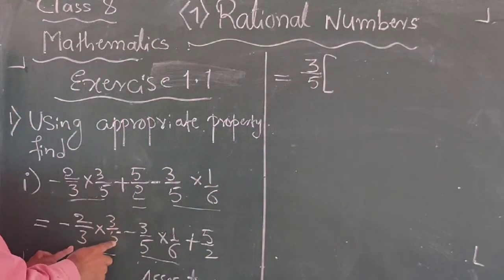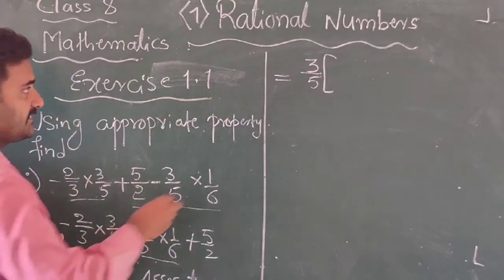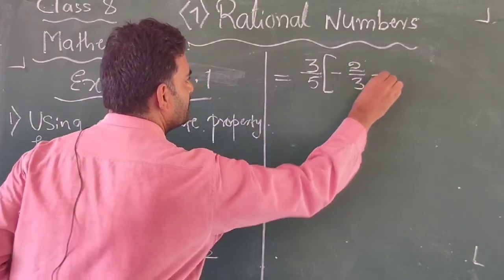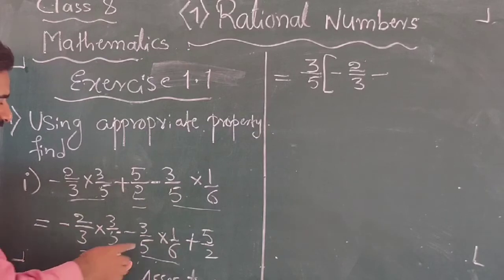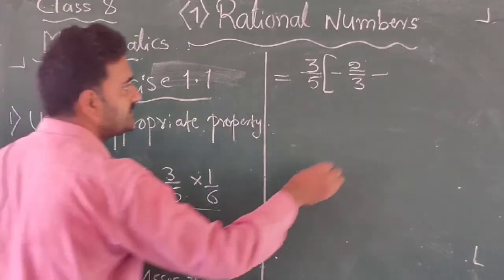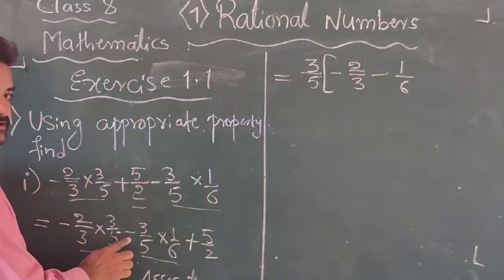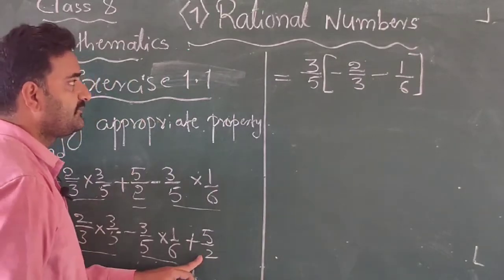Here 3 by 5 I kept common. What is remaining? Minus 2 by 3. Now here 3 by 5 I kept outside. What is remaining? 1 by 6. This minus is for this one. Next, what is the last term? That is 5 by 2.